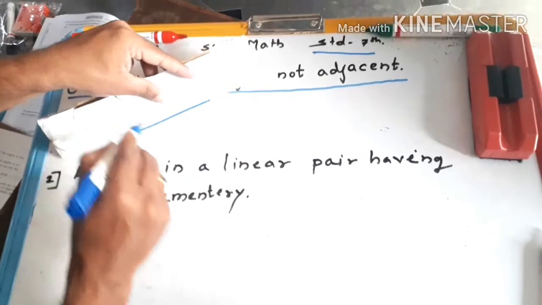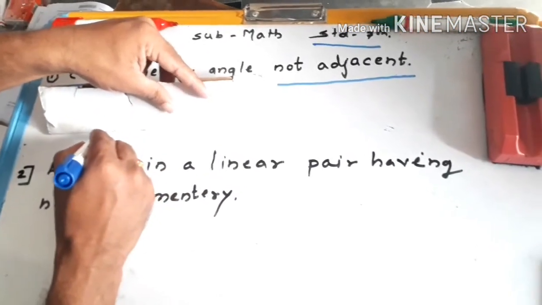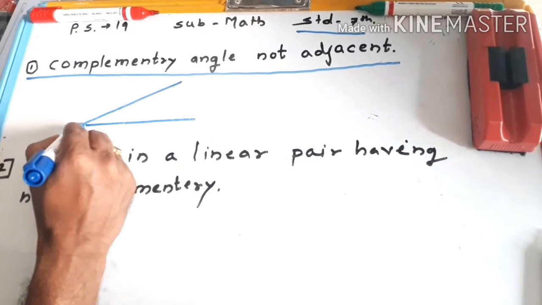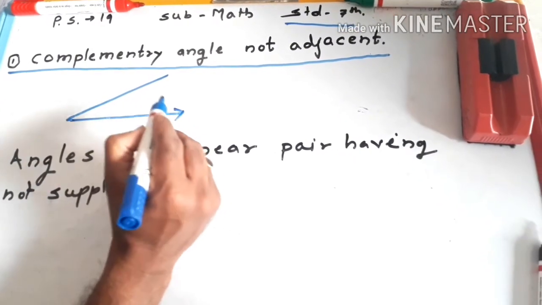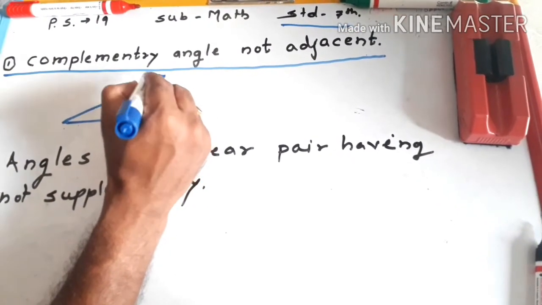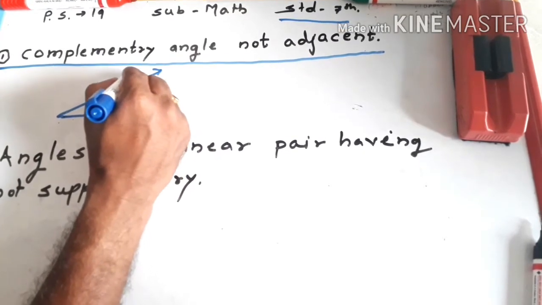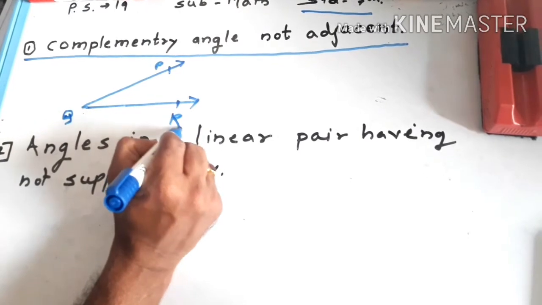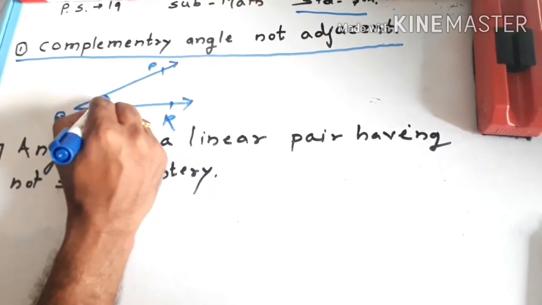Suppose this angle is, and name that angle PQR. This angle is 40.